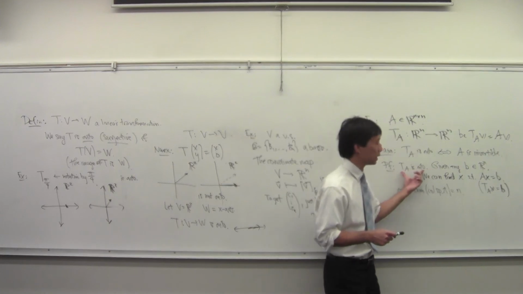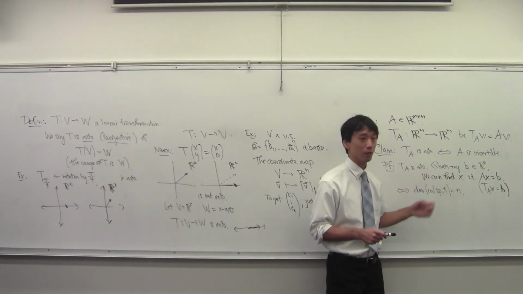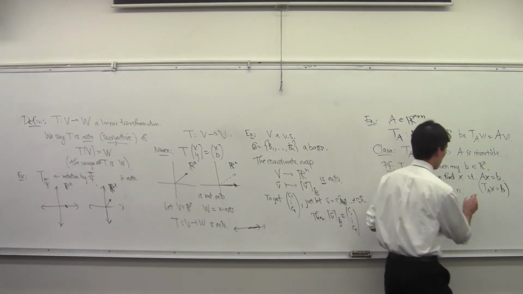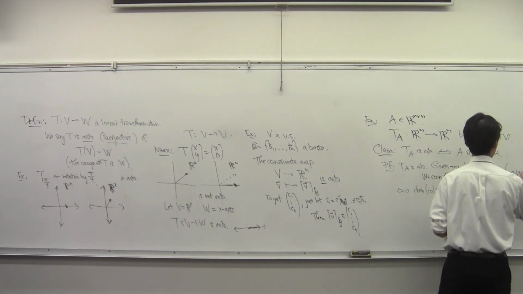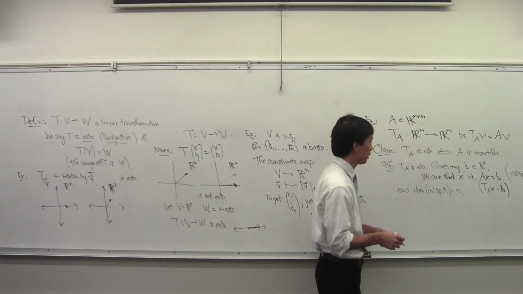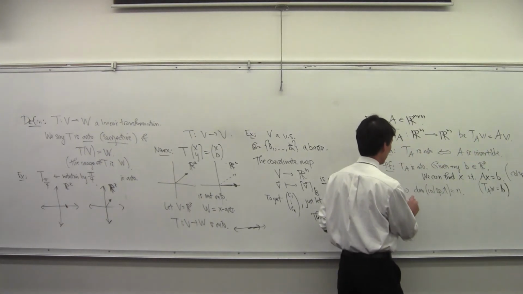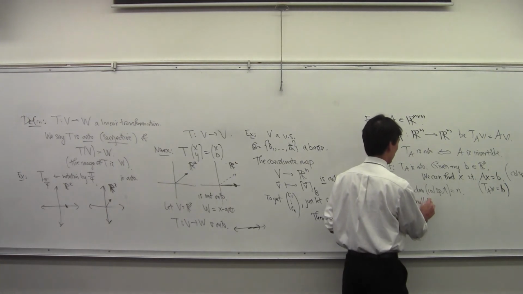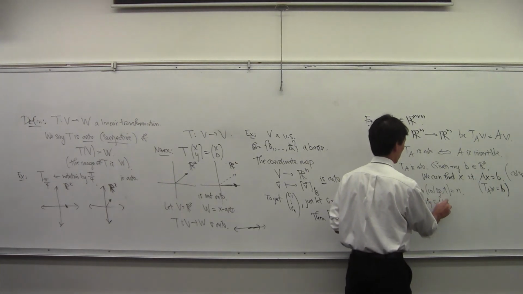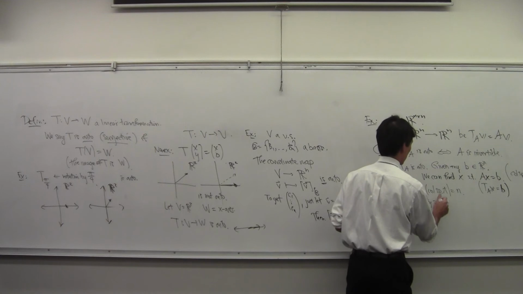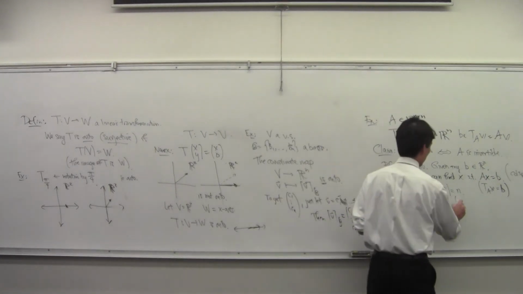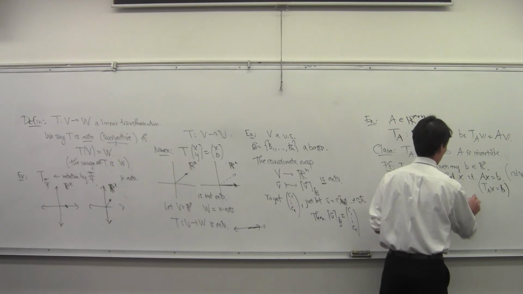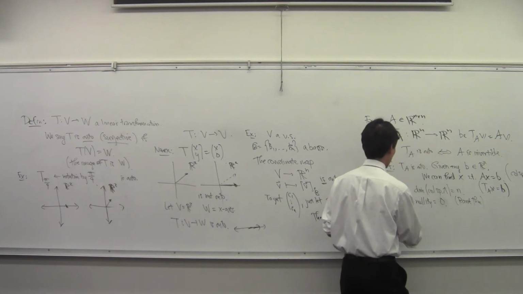That's the same thing as saying that the column space of A is all of Rn. But that means that the nullity is 0. The nullity is 0 by the rank theorem. But that's the same thing as saying that A is invertible.